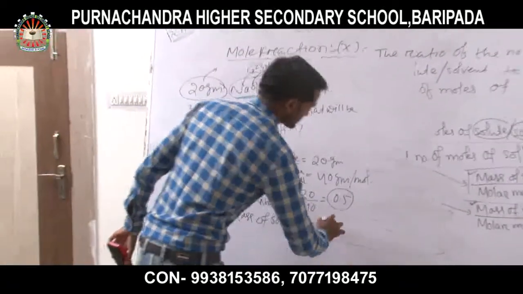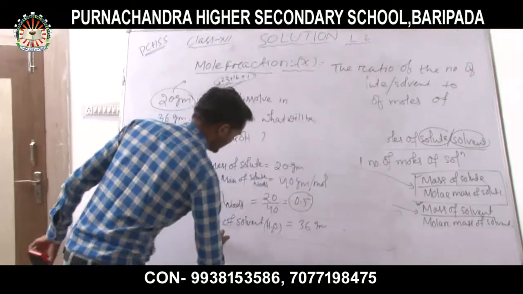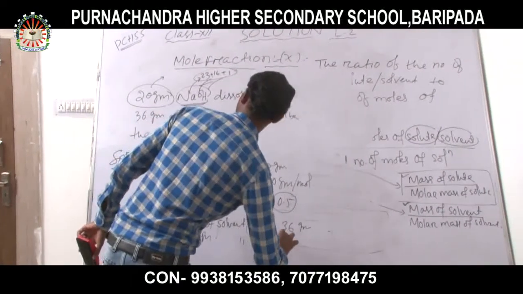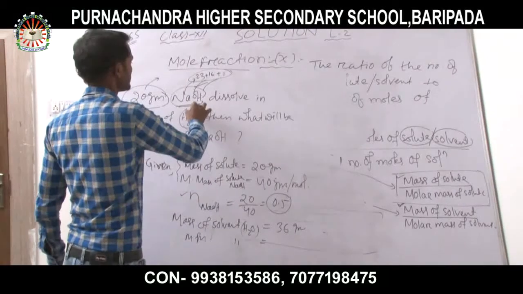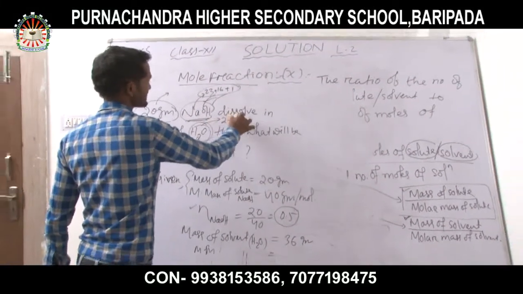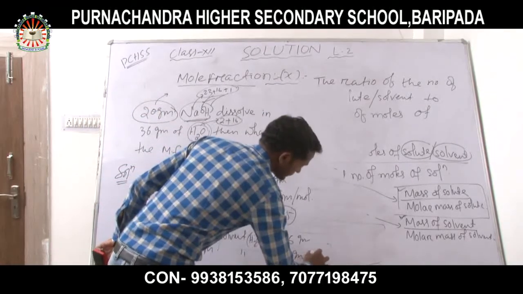Here the solvent is water, so the mass of solvent is 36 gram. The molar mass of the solvent is how much? Hydrogen has 2 atoms, so 2 plus oxygen 16, that is equal to 18 gram per mole.